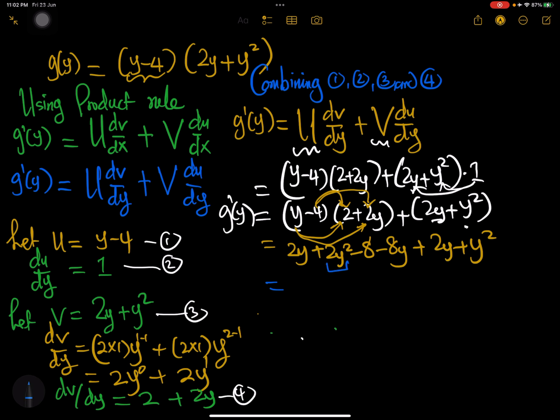If you look at this term and this term, we can bring them together: 2y squared plus y squared. There are no sign changes because we are not crossing any equality sign, so the same sign has to appear. Now, if you look at this one and this one, they also need to come together. So we're going to have plus 2y, minus 8y, plus another 2y. And then we are left with this negative 8 here.